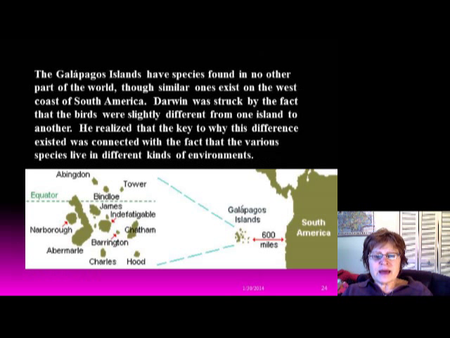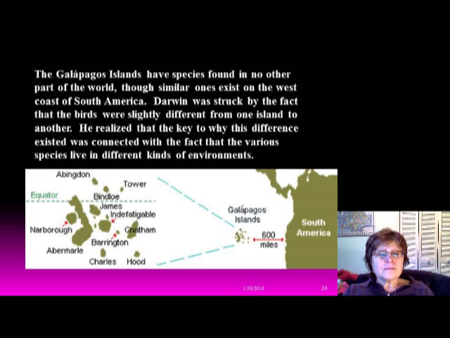As I said, the Galapagos Islands had species which you haven't seen anywhere else in the world, and they were quite similar to the ones which existed in South America on the coast. So Darwin was struck by the fact that these birds were slightly different from one island to the next.